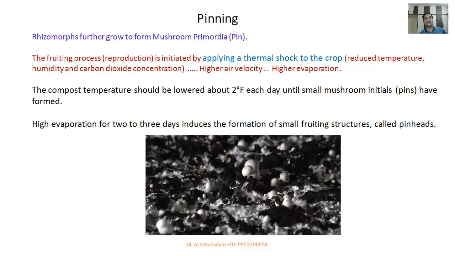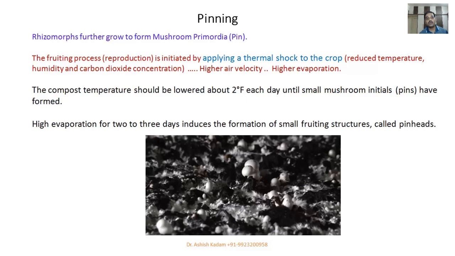We have to instigate the formation of the primordia in the compost, and that will initiate only if you are suddenly or in certain steps reducing the temperature, humidity and carbon dioxide level.